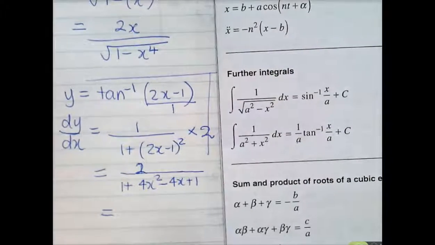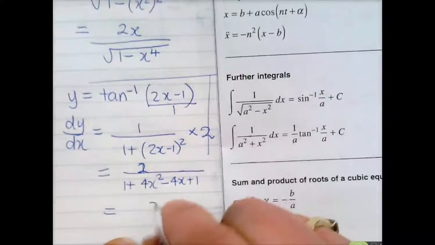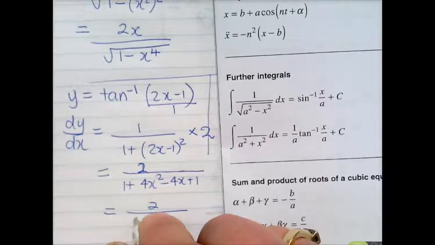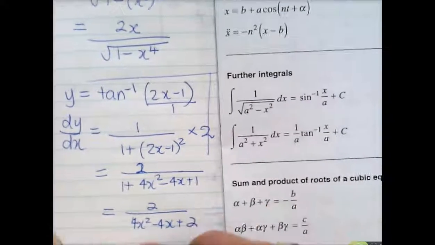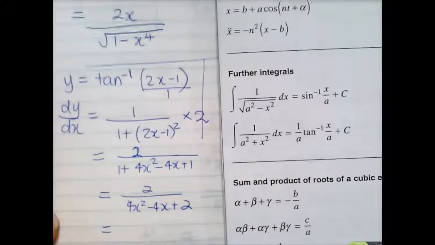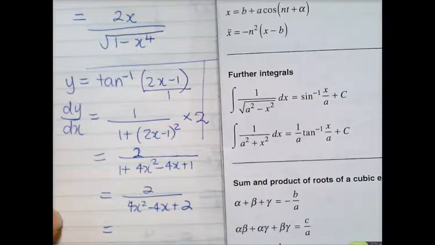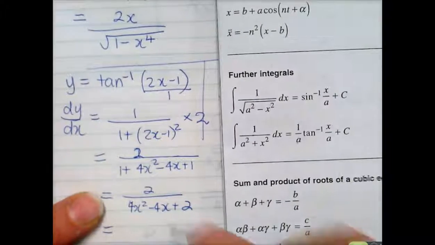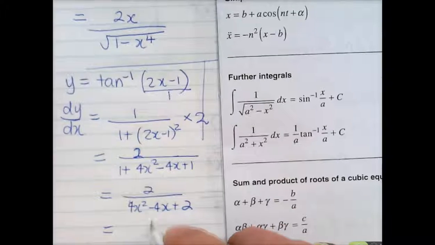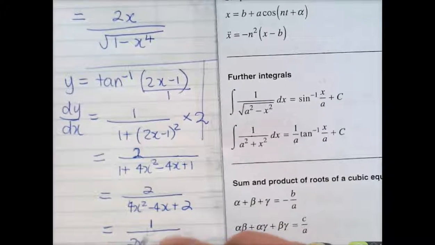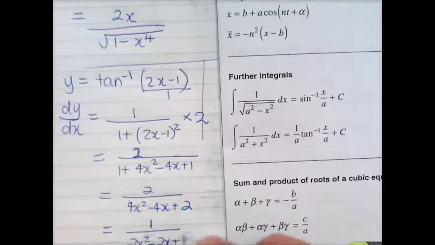Sorry about that line going down. Which is 2 over 4x squared minus 4x plus 2. What can you do with each of those? You can pull out the 2. In other words, you can divide everything by 2, or you factorise out 2 on the denominator, and you'd end up with 1 over 2x squared minus 2x plus 1.